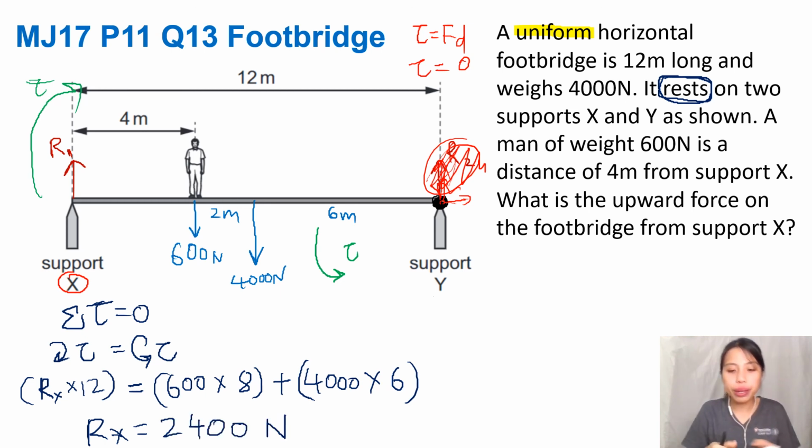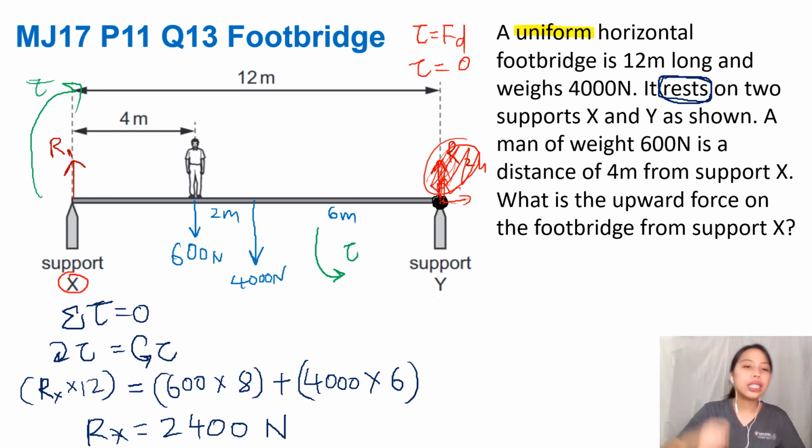This is the force, by the way. So the answer is, for this whole uniform rod to be at rest, support X should have an upwards reaction force of 2,400 newtons to support everything. The man's weight and the weight of the footbridge.